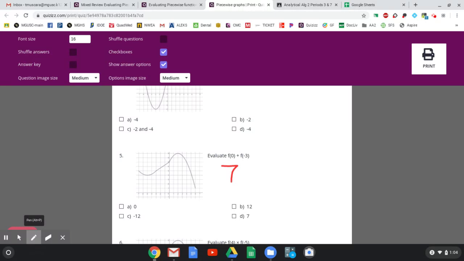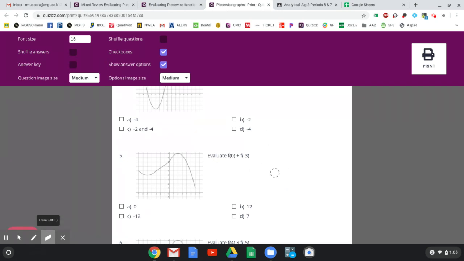And then f of negative 3 looks to me like it is, I can't zoom in. F of negative 3 is at 5. So I would do 7 plus 5, which you guys can definitely figure out from the answers given, okay? So there's that.